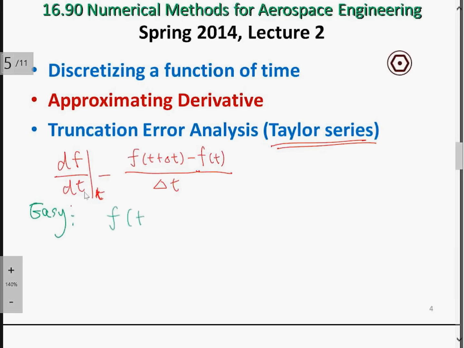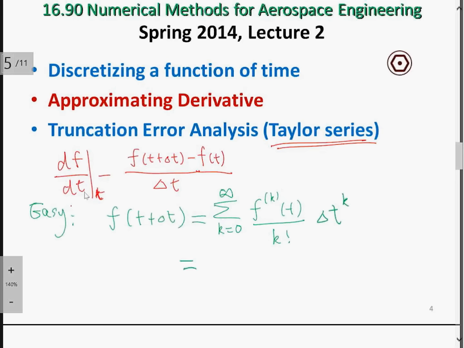So, f at t plus delta t. The Taylor series as a formula is the sum for k from 0 to infinity of the kth derivative of f at t, divided by k factorial, times delta t to the kth.